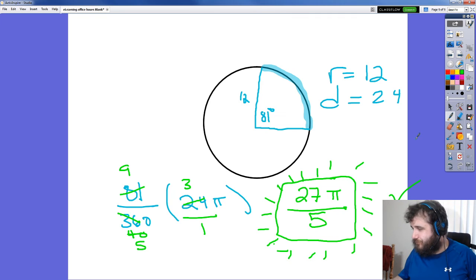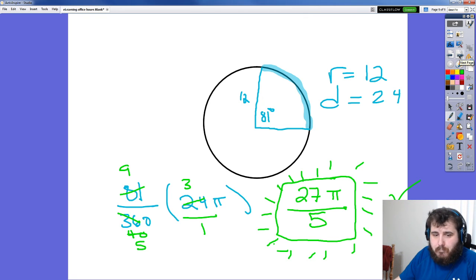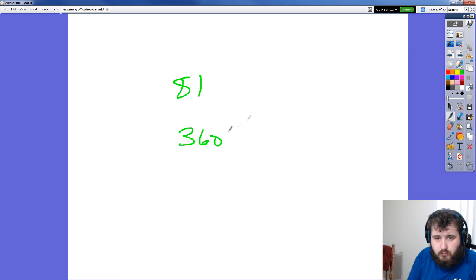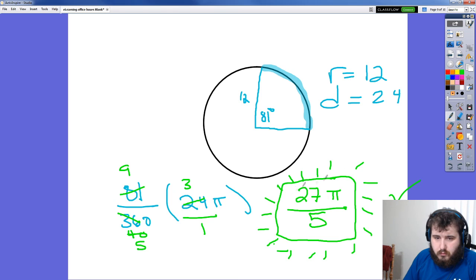How did I simplify the 24 again? Let me jump to a different page real quick. These are the things that matter. We need to identify what goes in the top and what goes in the bottom. Here, this 24 is in a numerator.